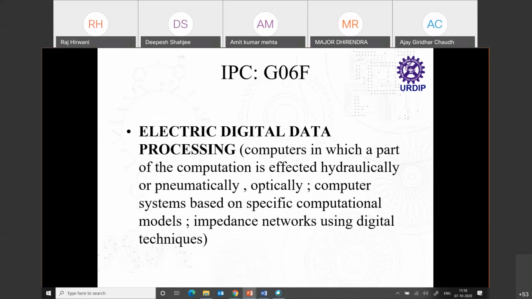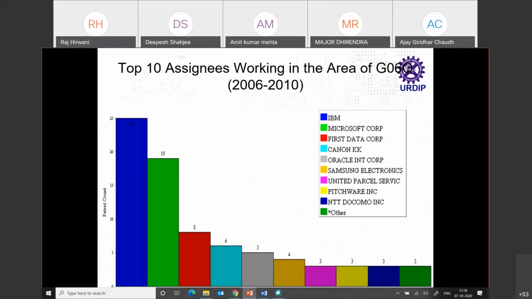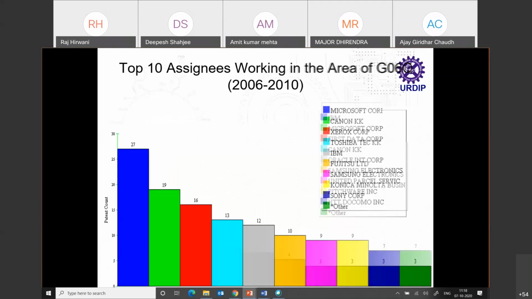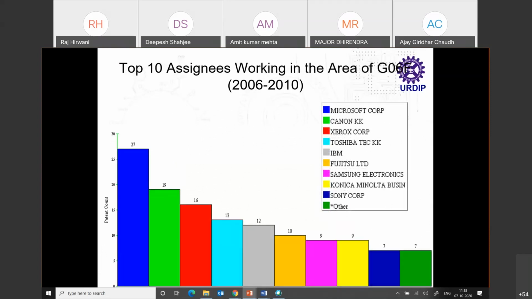You can get further into details in each technical area. So you can keep going down to the details you want.